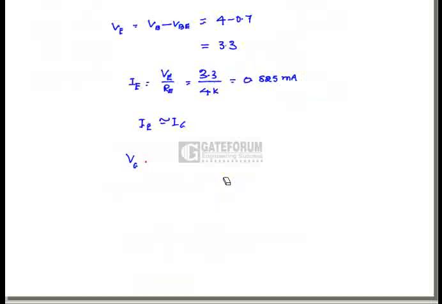Hence, VC equals VCC minus IC RC, which is 8 minus 0.825 into 5K, equals 3.9 volts. Answer option B.